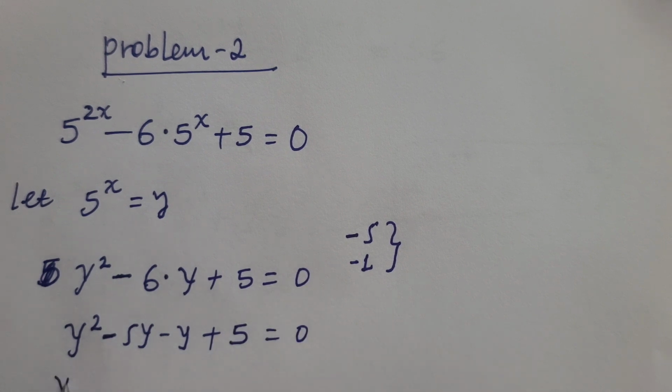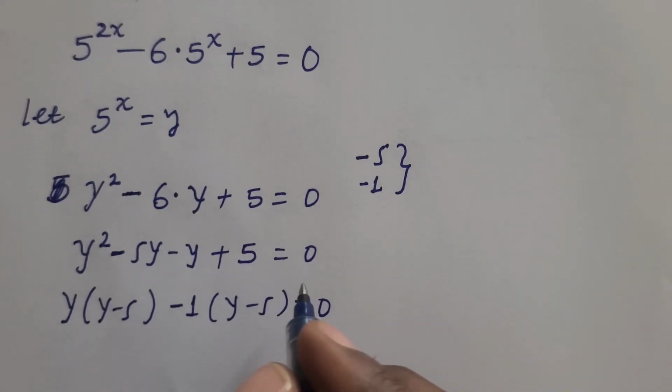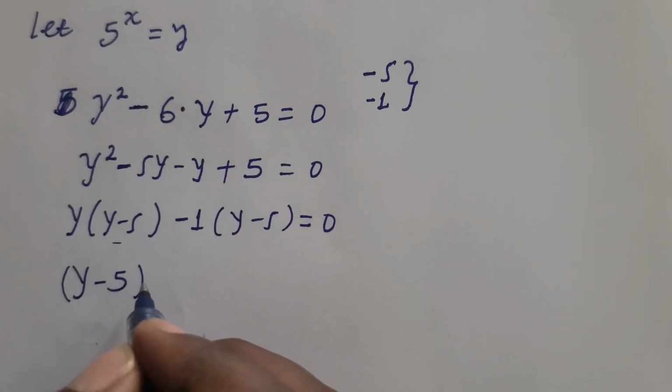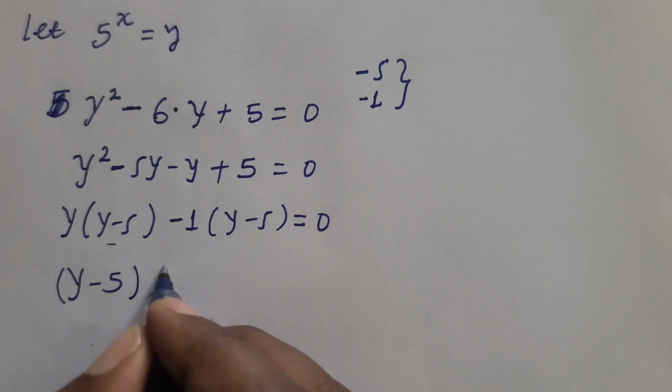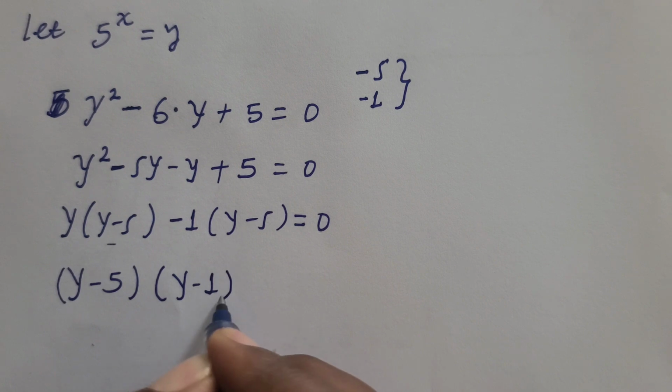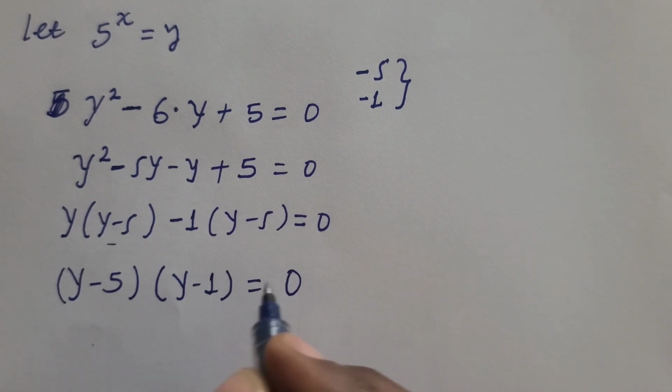Here y is the common factor: y(y minus 5) minus 1(y minus 5) equals 0.